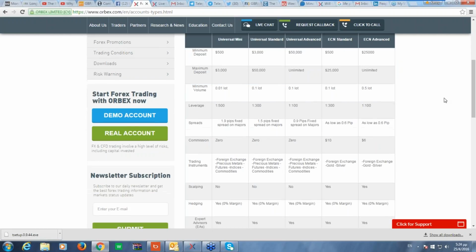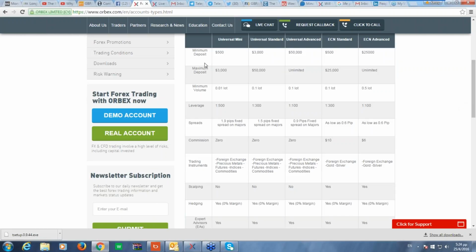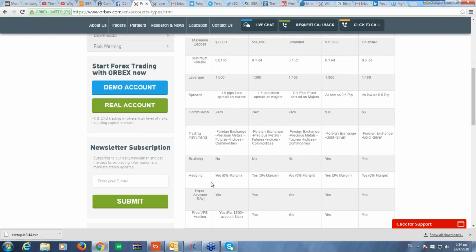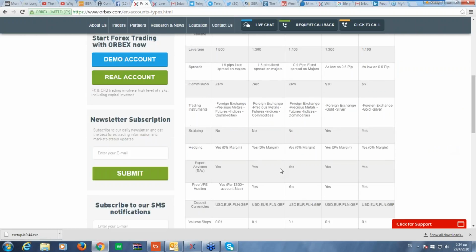But under the ECN accounts, you have two types of ECN accounts. They differ in the minimum deposit, the leverage, the spreads, and they have commissions as well. They mostly allow scalping, hedging, expert advisors and everything else.